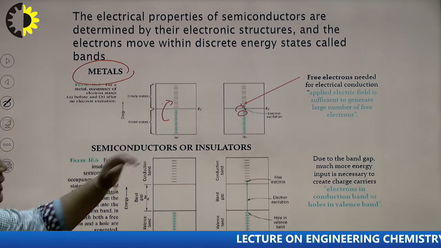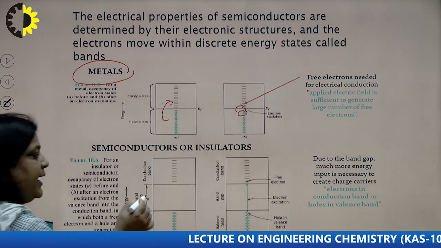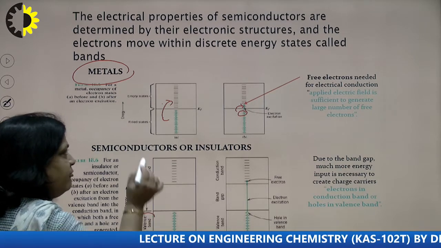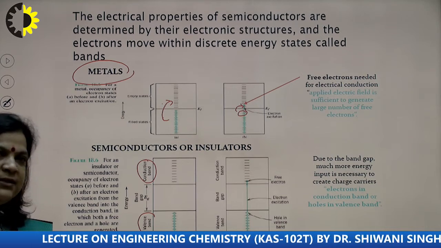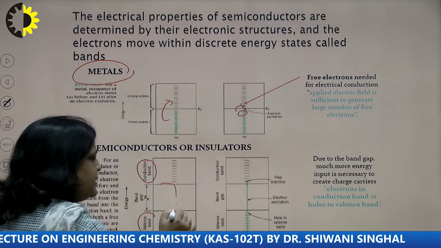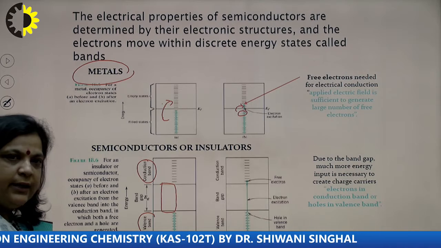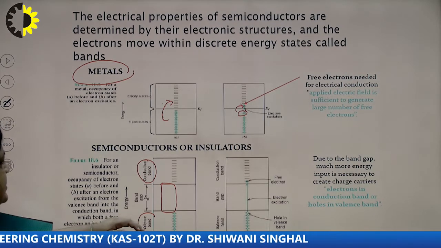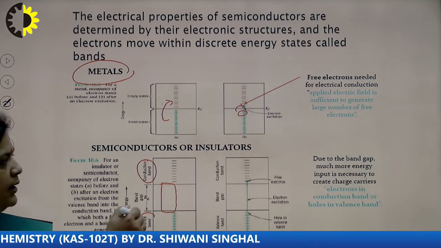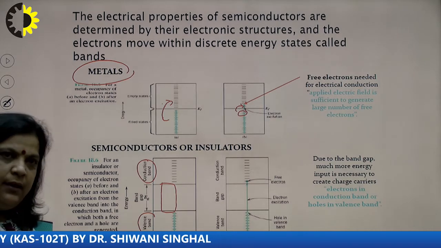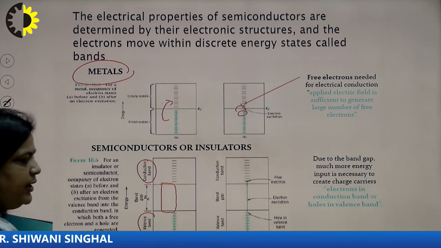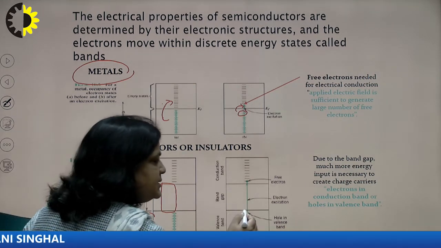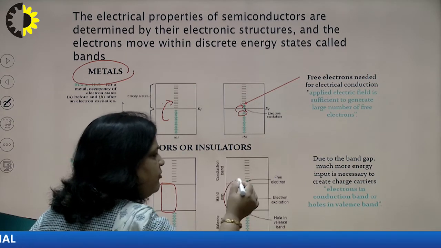In case of semiconductor or insulator, there is a gap between the filled state and empty state, that is the valence band and conduction band, and this gap is termed a band gap or forbidden gap. When energy is applied and excitation of electrons takes place, then in some situations the electron will move from here to there.